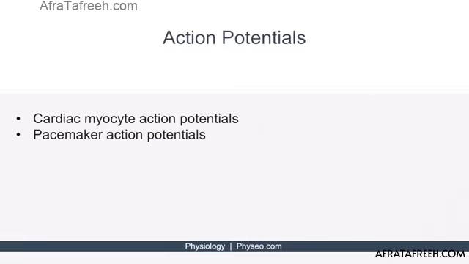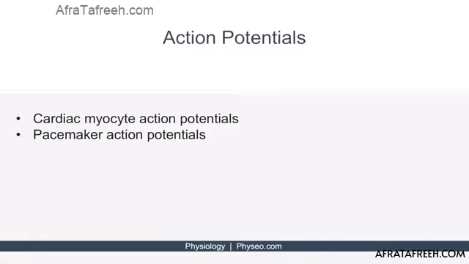Okay, moving on to action potentials. Much of the background to understanding action potentials is covered more in the chapter on neurology, so that's not the focus here. In this section, we'll be discussing action potentials in more detail and focusing on the 2 types of action potentials seen in the heart.